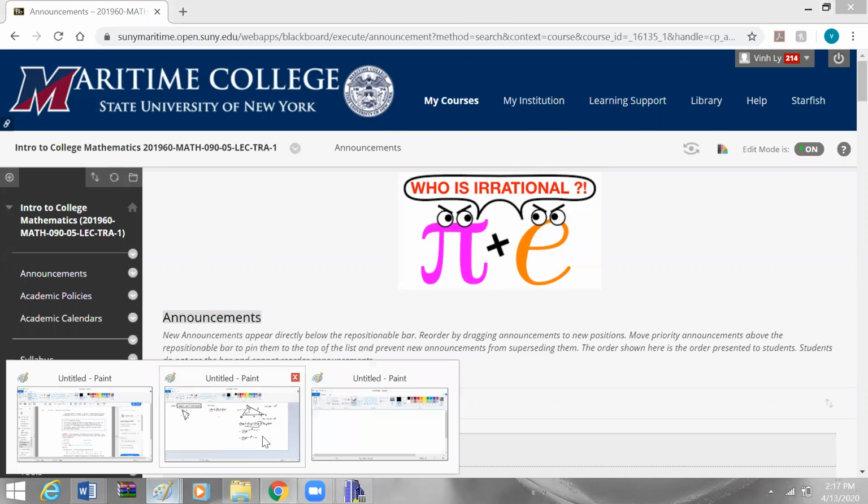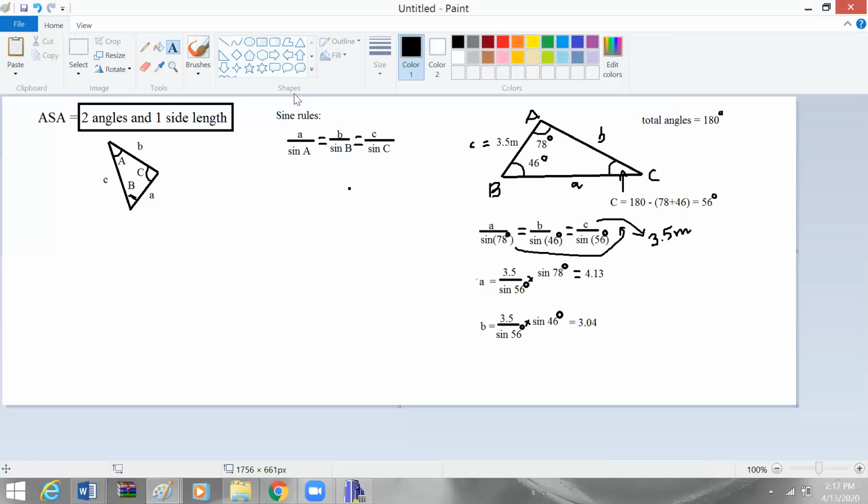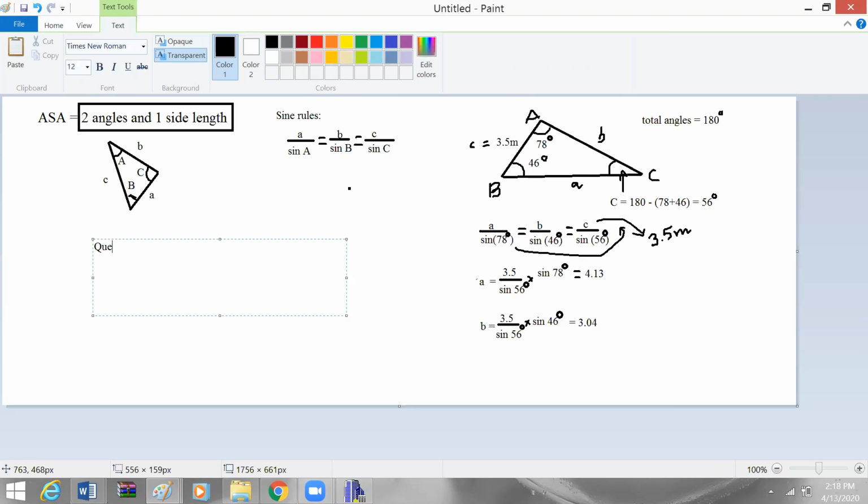And so this is the rule for sine. Again, we need to apply the rule for sine whenever we have two angles and one side length. Meaning the question has two givens: two angles and one side length.